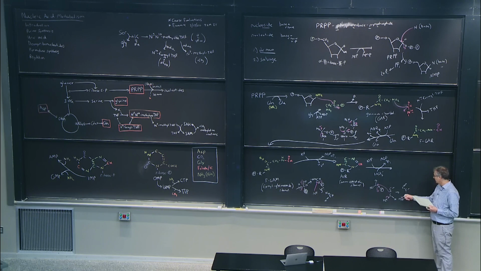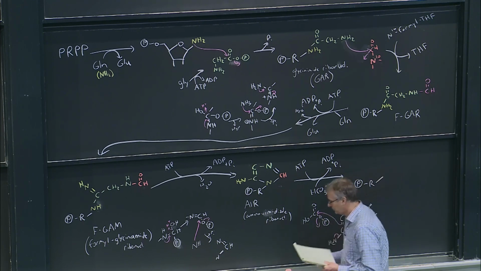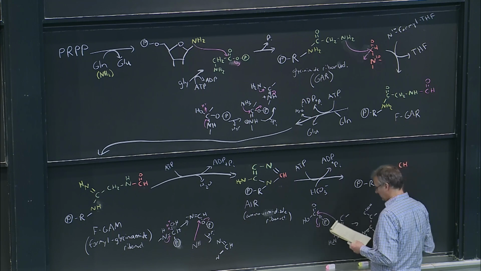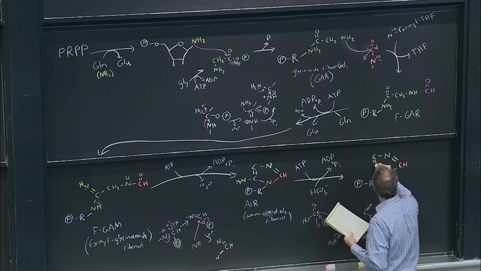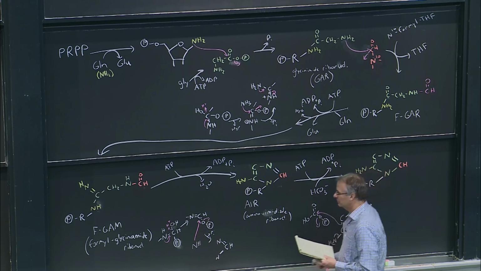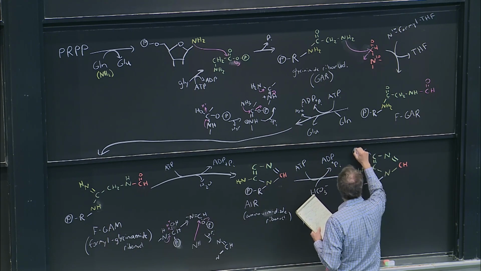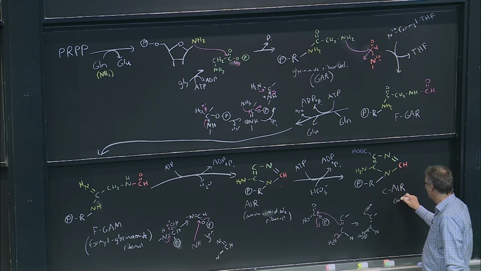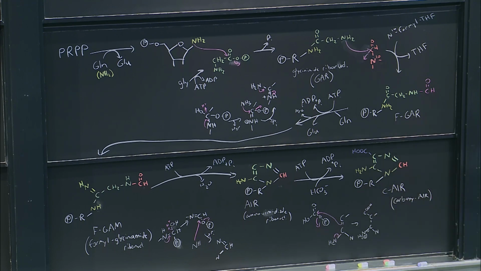And if I just rearrange so that the double bond is here instead of there, then we end up with this next intermediate, which is CAIR, or carboxy-AIR.